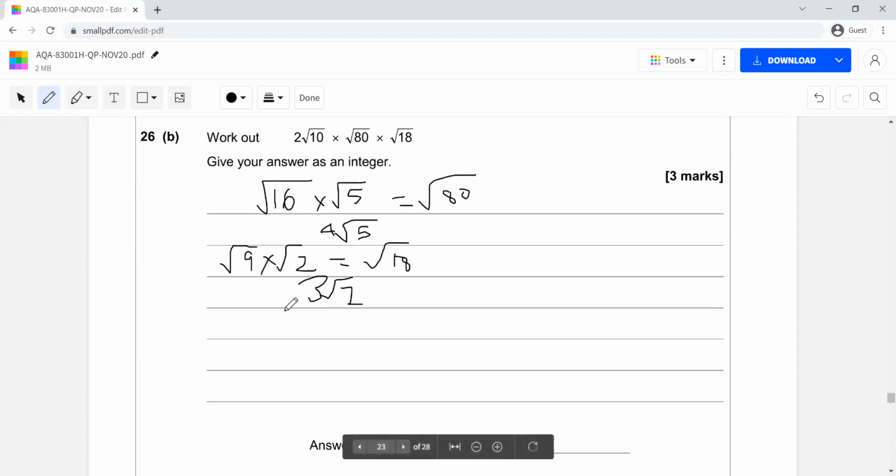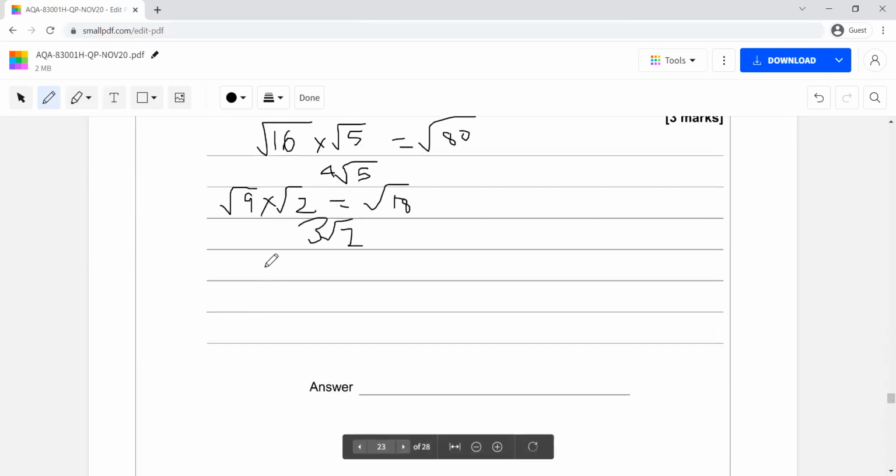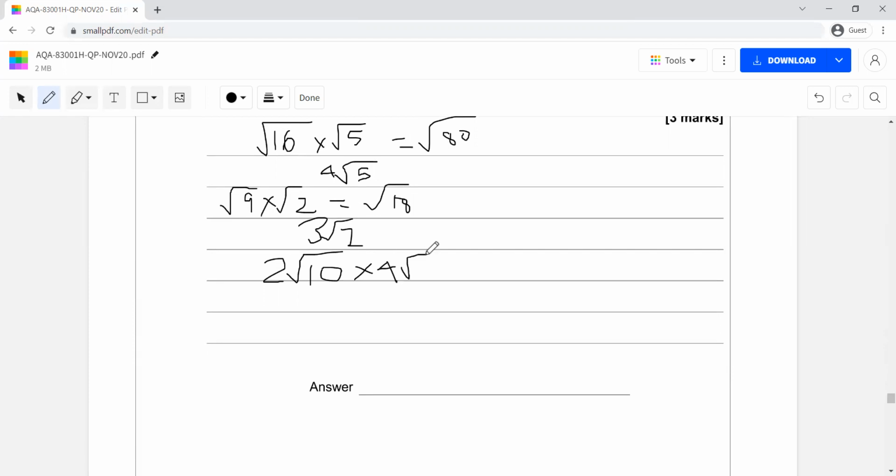Now we can move forward with the question. So we have 2 root 10 times 4 root 5 times 3 root 2, which is equal to 2 times 4 times 3, and in brackets, root 10 times 5 times 2.